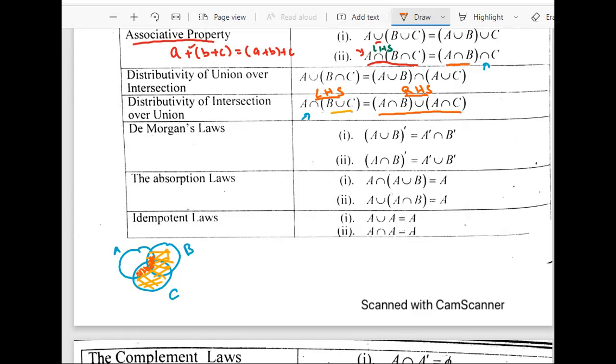Yeah, I'm getting the same. Very good. And what about you, Ahmed? Are you getting the same region?